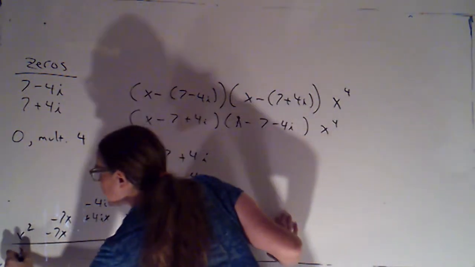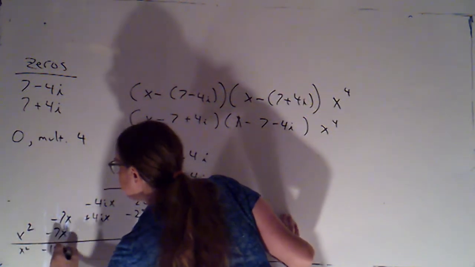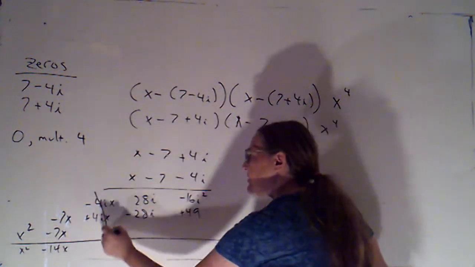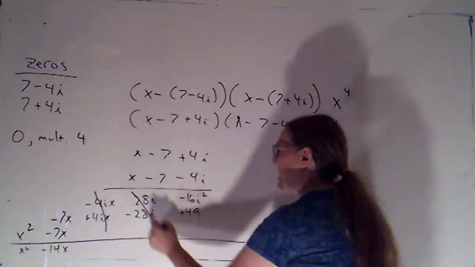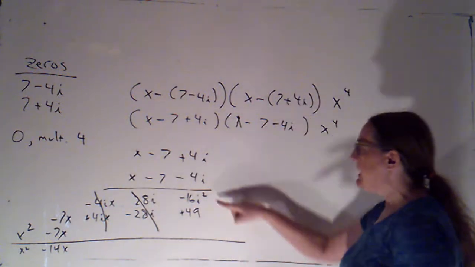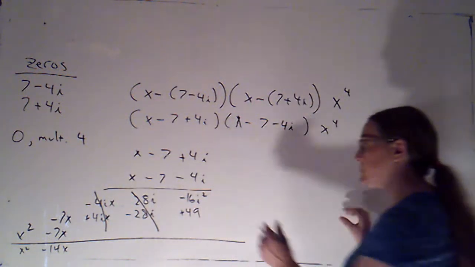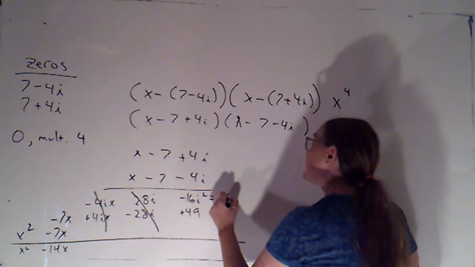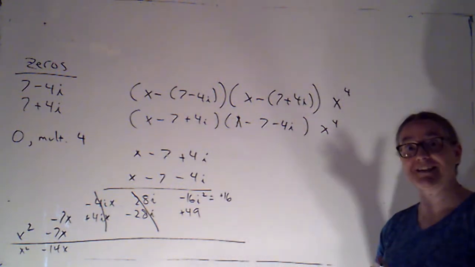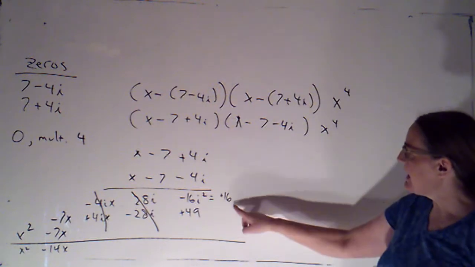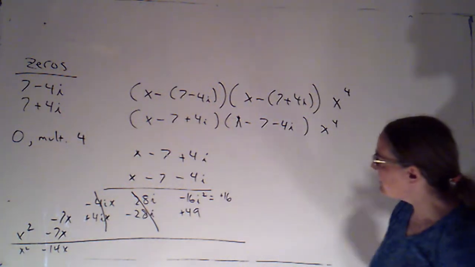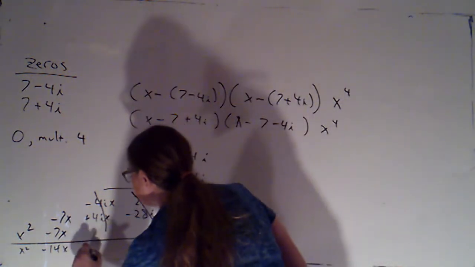All right, so we've got x squared minus 14x. The imaginary x's cancel. The imaginary numbers cancel. Negative 16i squared is positive 16, because that's just negative 16 times negative 1. Adding that to 49, I'm going to get 65.